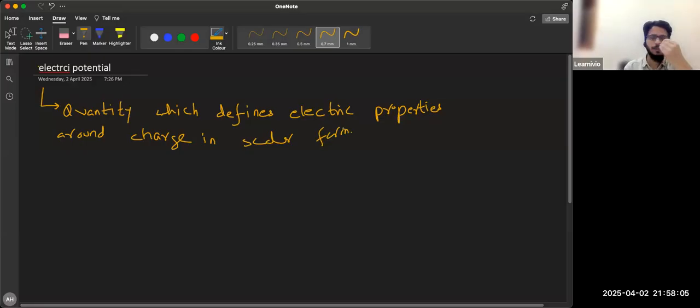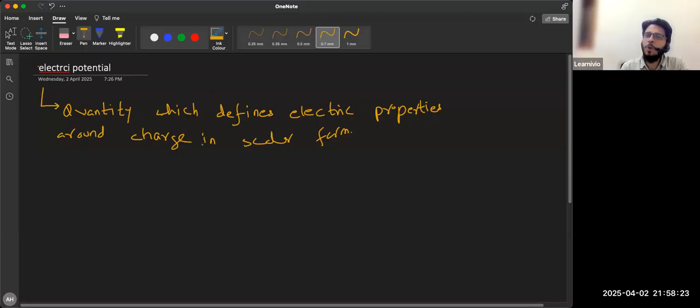If you have a charge, there are some electrical properties around the charge, meaning there is a certain region in which a charge can attract or repel any other charge. That electrical property of the region in vector form is given by electric field. In scalar form it's given by electric potential.